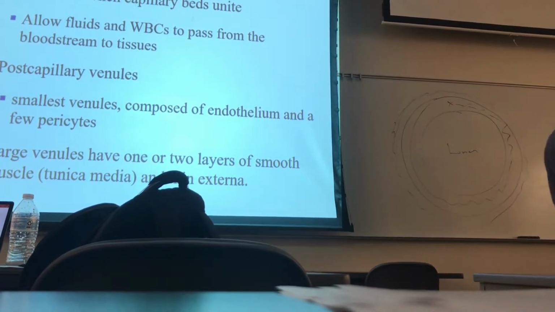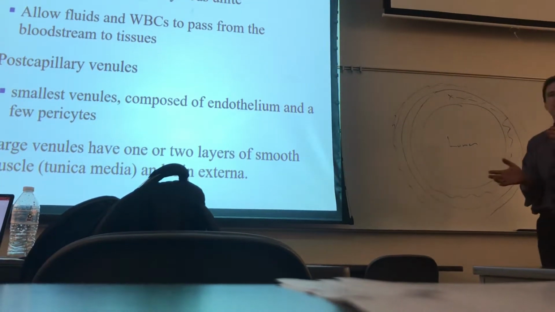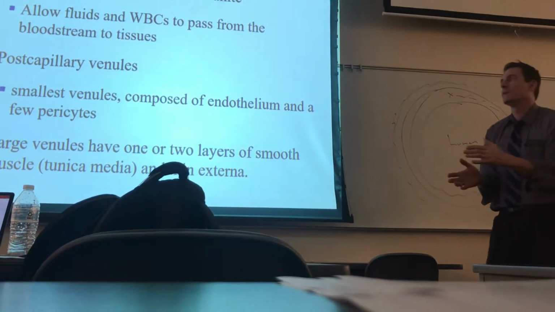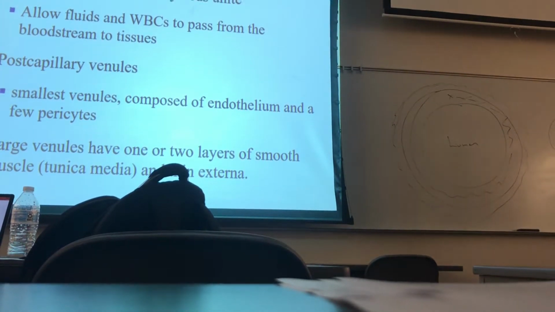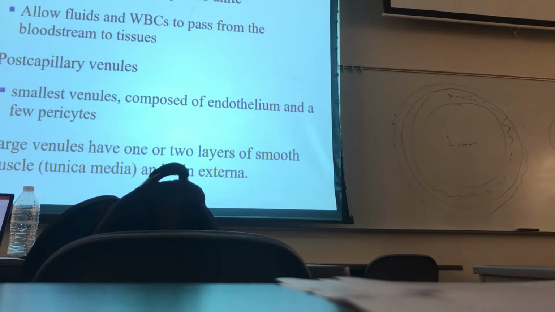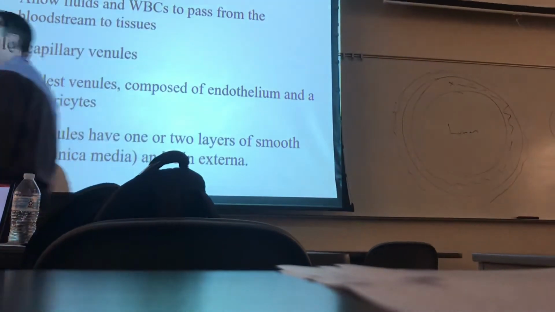And then the venules start forming our veins, and then eventually either end up in the superior or the inferior vena cava, which are our largest veins. As we move away from the capillaries, we're going back to the heart.